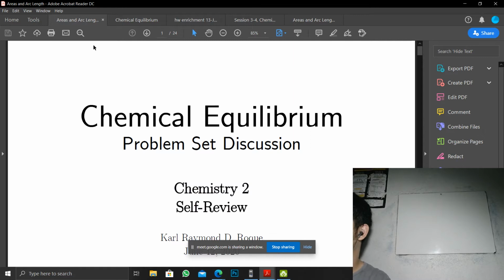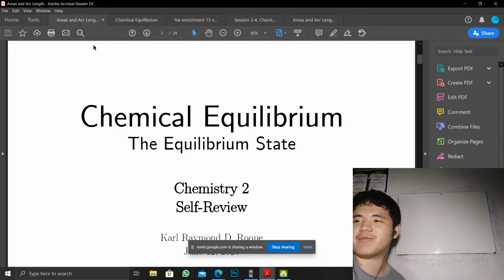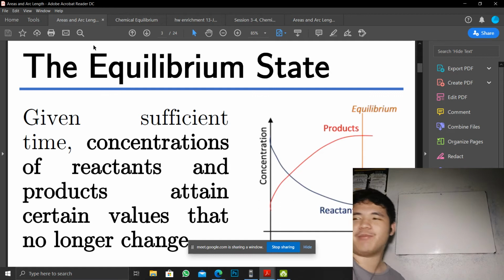So, yan. Last 2 weeks, yung naiwan natin sa Chem ay problem set discussion na. So, let's review a bit. Baka nalimutan nyo. So, equilibrium, no? Equilibrium state. This state happens when concentrations of reactants and products attain values that no longer change.